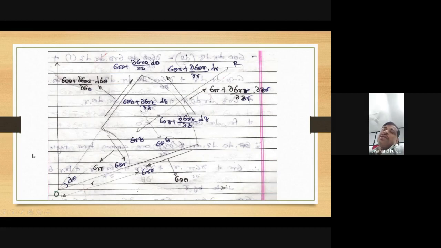All these components of stresses we are going to resolve in the radial direction, and we are resolving all these components of forces in the radial direction because we are trying to get the equilibrium equation in the radial direction. Is it okay?